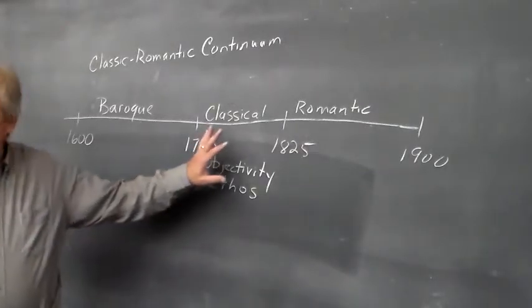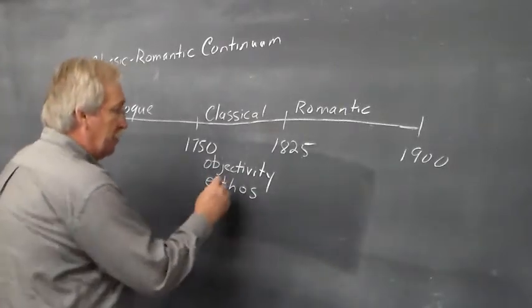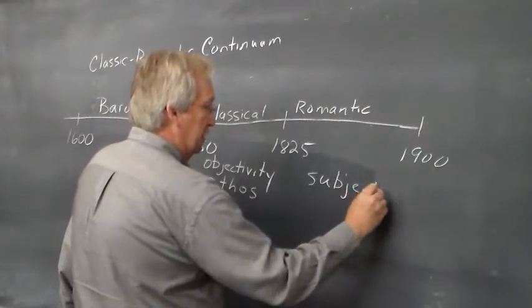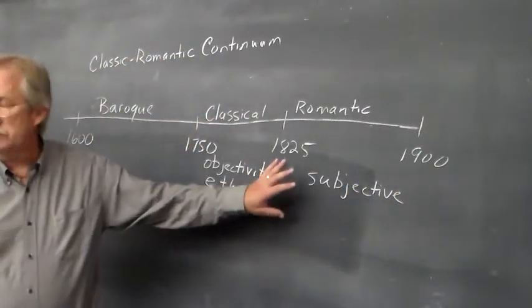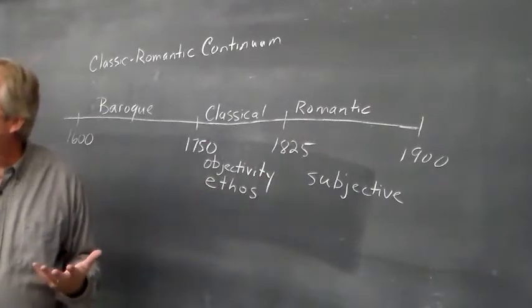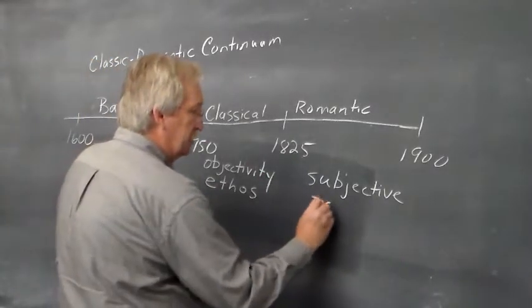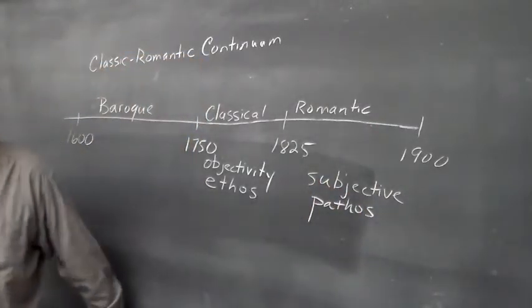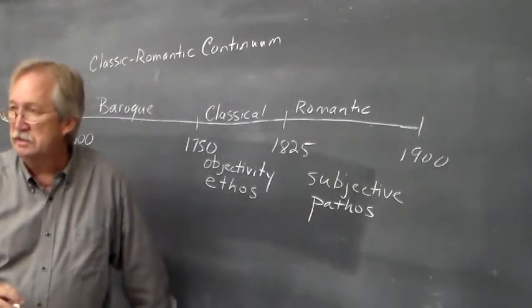And so this has to do with basic objective principles, in opposition to something which is more subjective in orientation, which has to do with things that are more emotional or a matter of opinion. So the term pathos describes that. So pathos has to do with eliciting an emotional response.